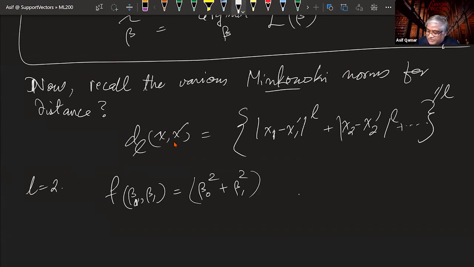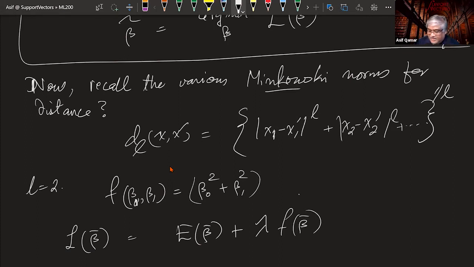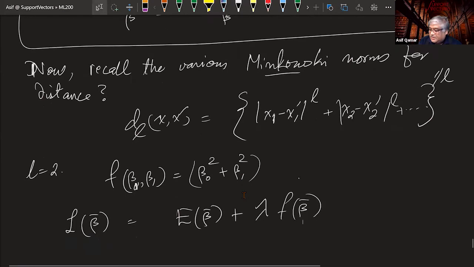And what was the error? In the loss function, if you remember, the loss function was equal to the error function of beta plus lambda f of beta. And let us replace it with what they really were.